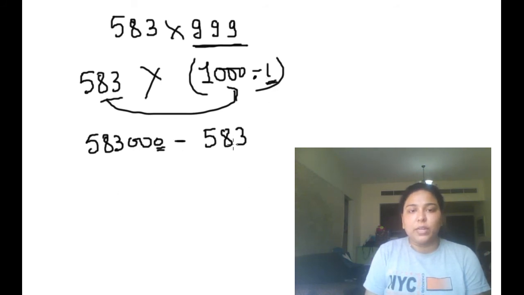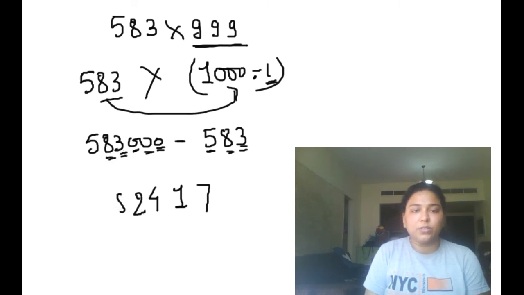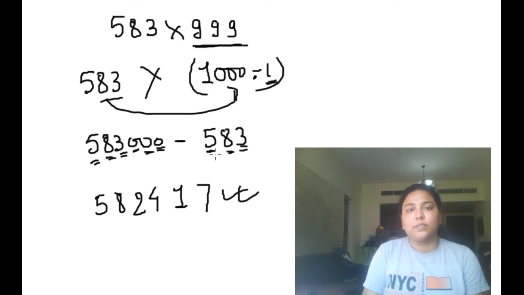So this is 10 minus 3, 7, 9 minus 8, 1, 9 minus 5, 4. This is 2, this is 8 and 5. Here is the answer. I hope this method will also help you in your calculation.